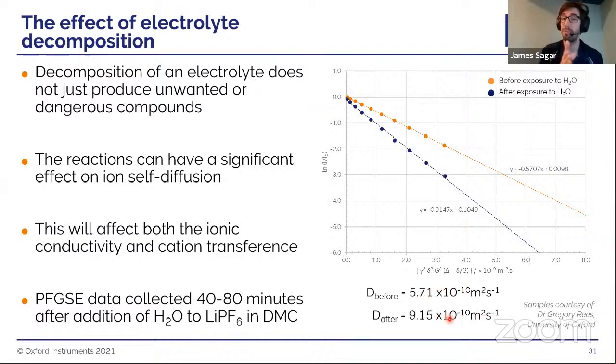That means you're going to get big differences in the ionic conductivity and the transference. So that's exactly where that performance decrease that was seen by our customer was coming from. The fact that you get less diffusion, you're not as efficiently transferring charge, and therefore the performance of your cell decreases.